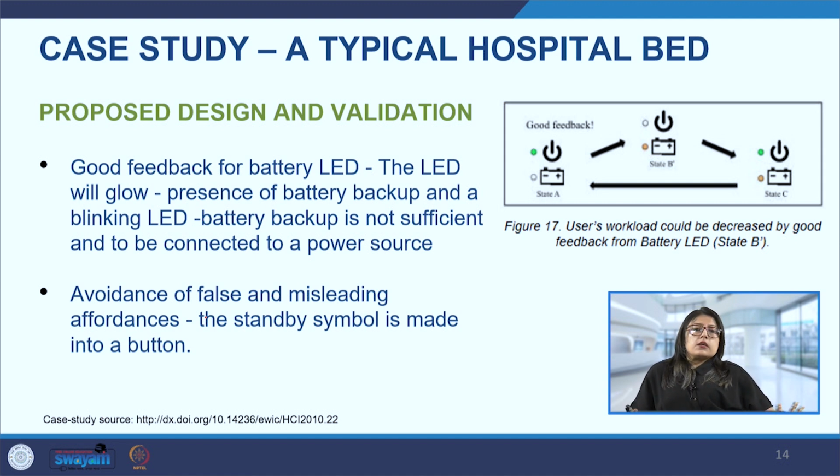All of those different conditions are now specified, and the LED light is indicating the different situations correctly to the user. Also, to avoid false and misleading affordances, for example the standby symbol is made into a button in this particular case here.